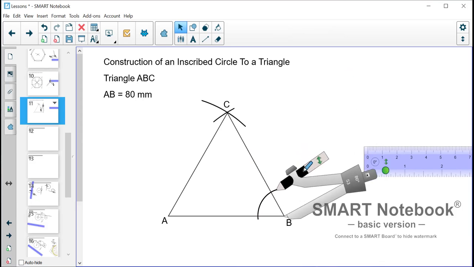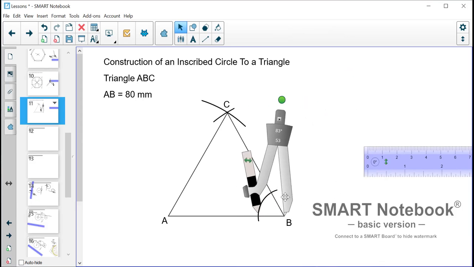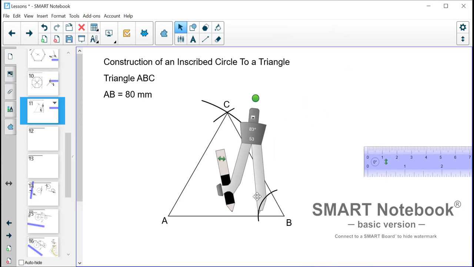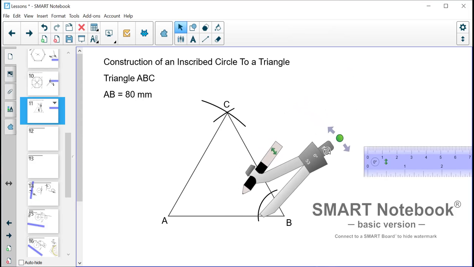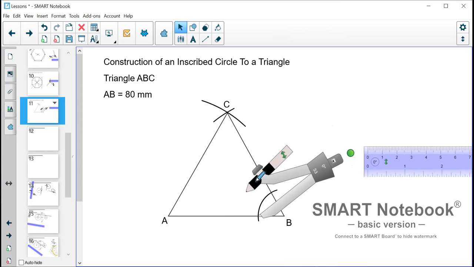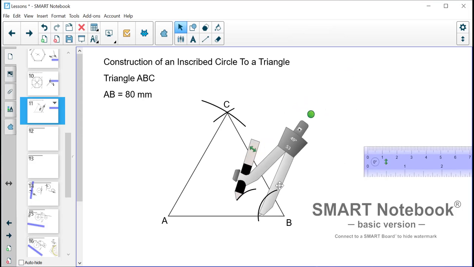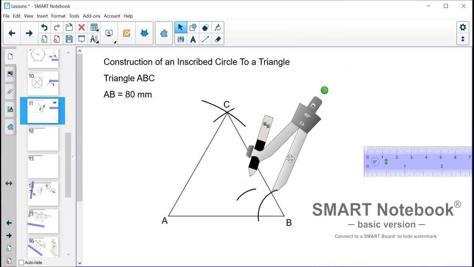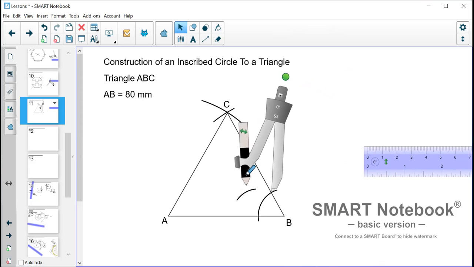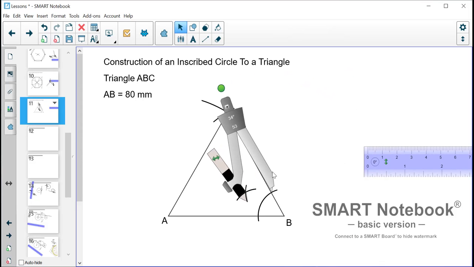right? If you can remember the steps in bisecting an angle, you scribe your arc at any measurement, then you go from one end, you scribe an arc in the middle, and then you go from the other and intersect that arc. Good.